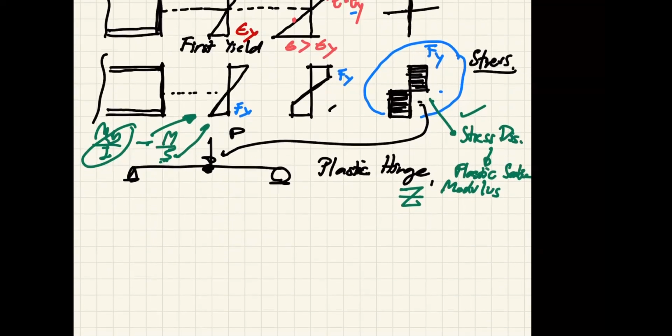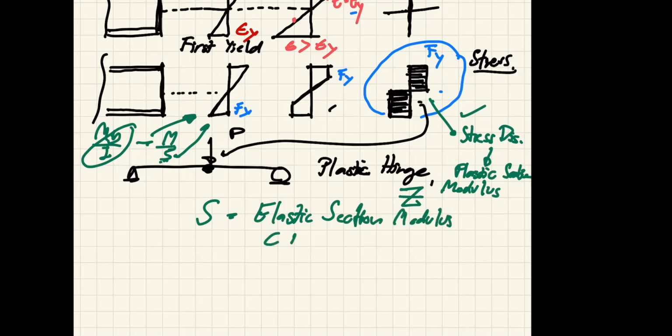Oh, actually, I have more space. Okay, so you have the elastic section modulus. This is based on first yield, and it is equal to I over y, or I should say I over c.